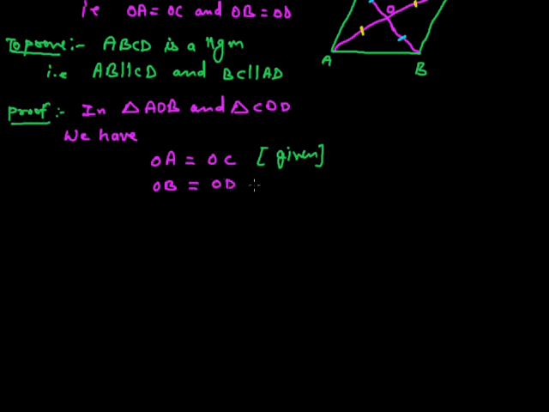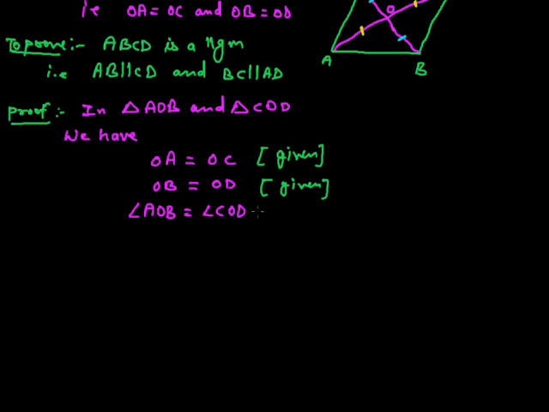The reason is the same. It is also given. Now we need three parts. Two parts are given equal, but to prove congruence we need three parts. So the remaining part is angle AOB equals angle COD.